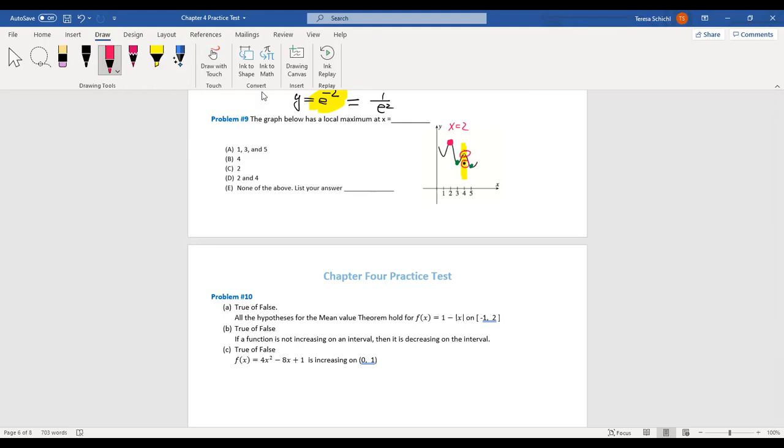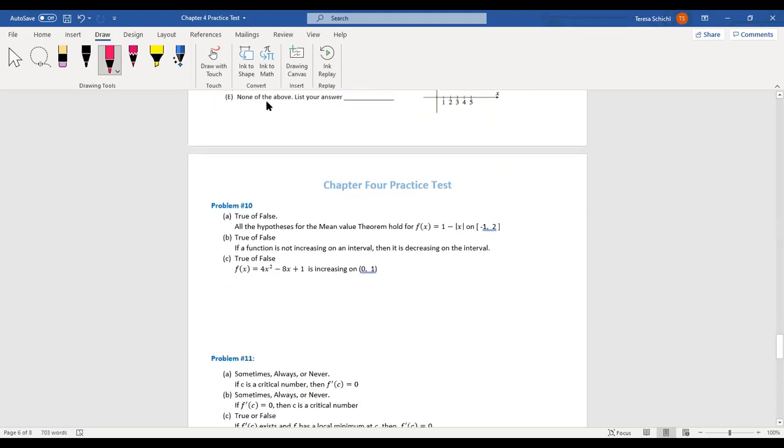So the only local max is where x is equal to 2. When x is equal to 4, it's not a local max, and it is a local mean, but it's not a local max here. All right.